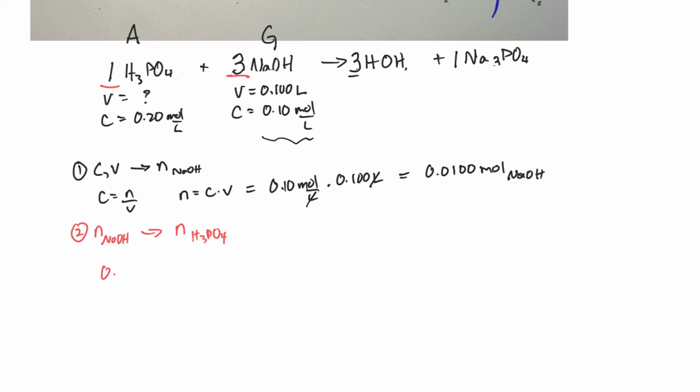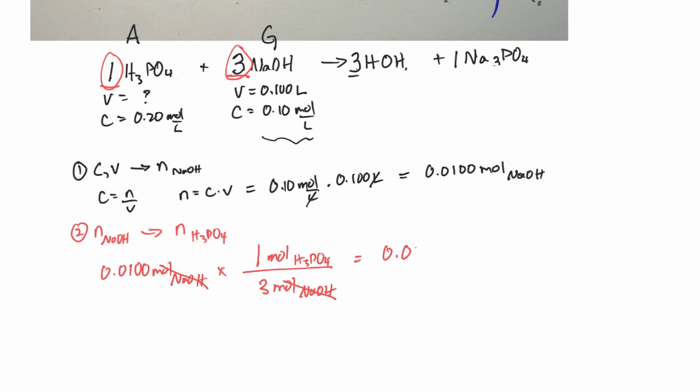So I have 0.01 moles of sodium hydroxide multiplied by the ratio with my numbers here. I'm going to put my 3 moles of sodium hydroxide on the bottom so that I can cancel them, and then I put my 1 mole of phosphoric acid on the top. So I just have to take that and divide it by 3. That's going to come out to 0.00 and then a bunch of 3s.